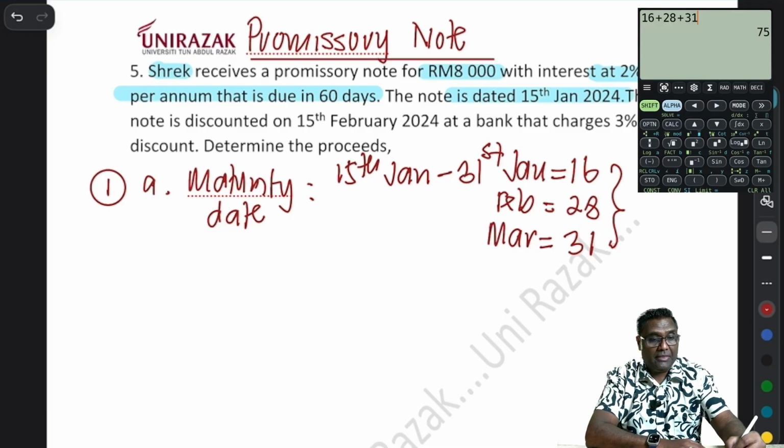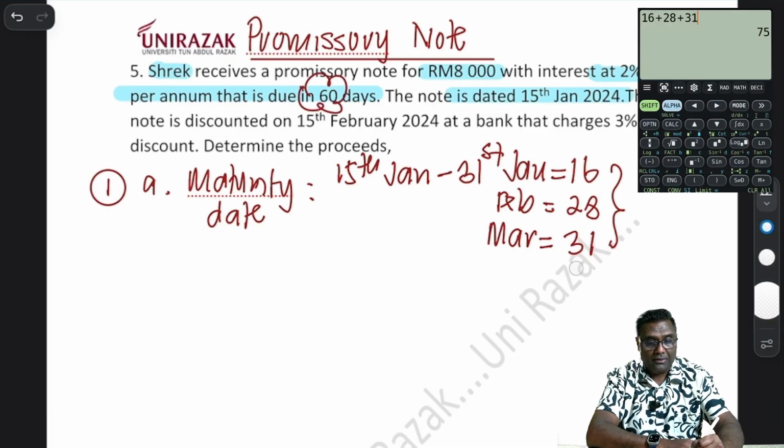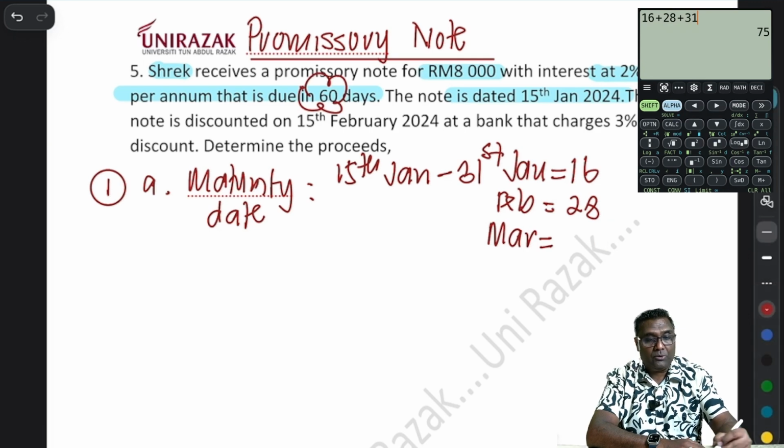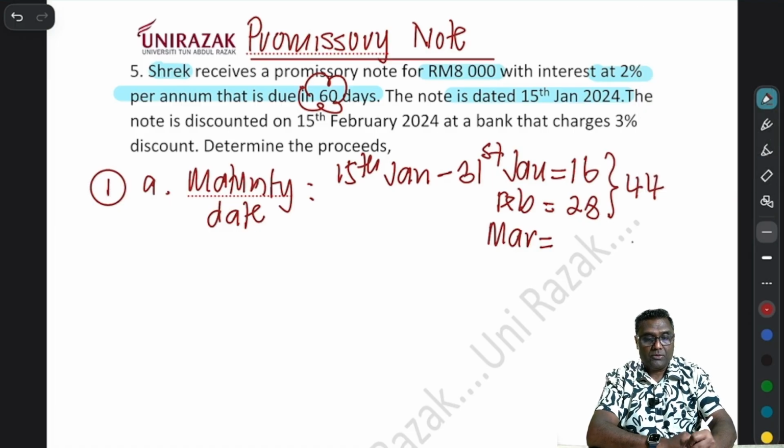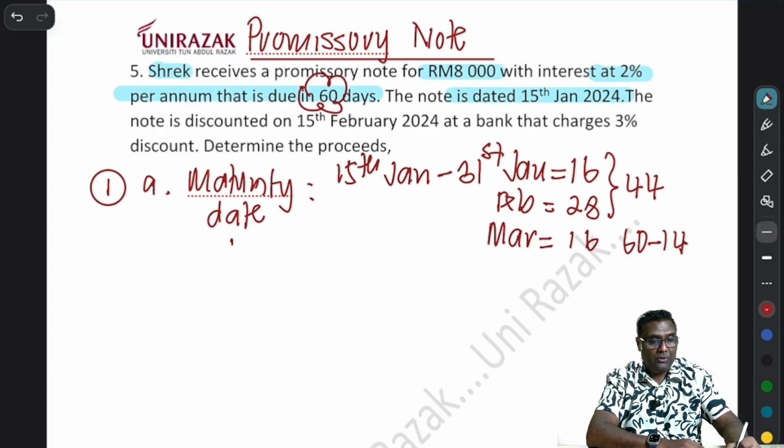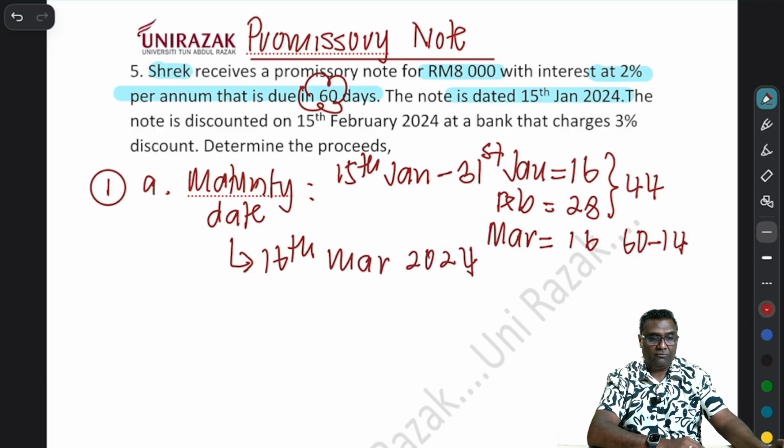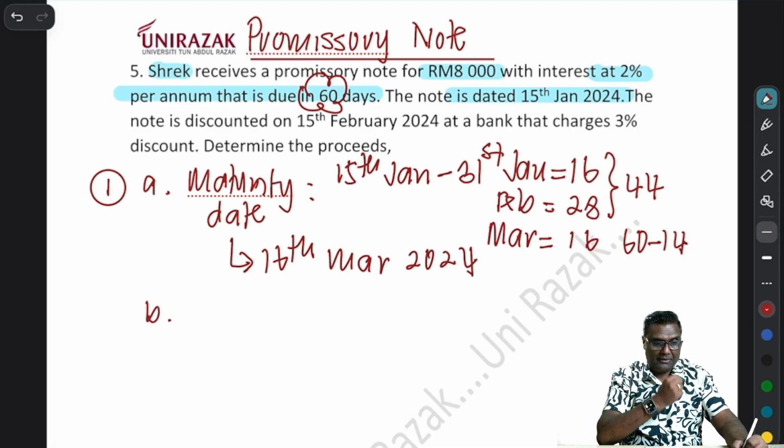That means it's already above the 60 days. So I cannot go for March 31. So what should I do? I total this up first. When I total this up, this is going to be 44. So 60 minus 44 will give me 16. Therefore, the maturity date is 16 March 2024. First part.